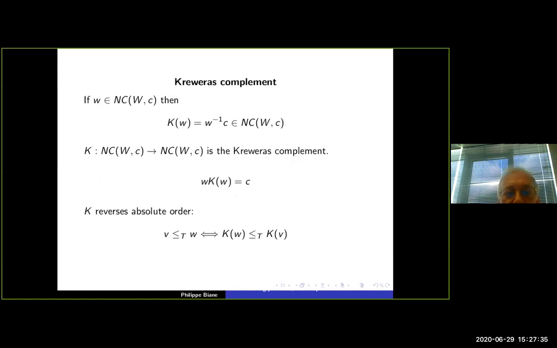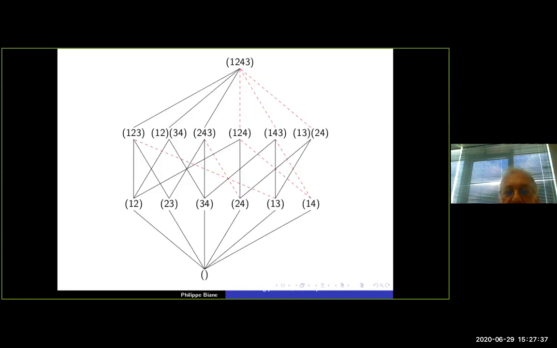So maybe I could go back to show you on this picture. Okay, so here, for example, if you look at the interval of elements which are above this element, we see that they form a Boolean lattice, as you see here. Again, for this element, the elements which are larger than this element for the double order form a Boolean lattice, actually just a lattice with two elements in this case.